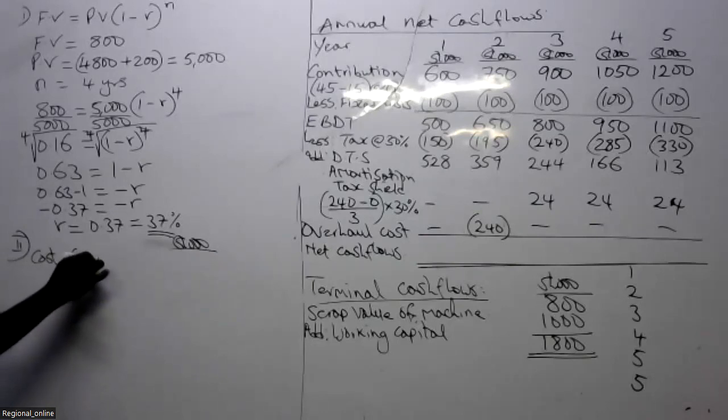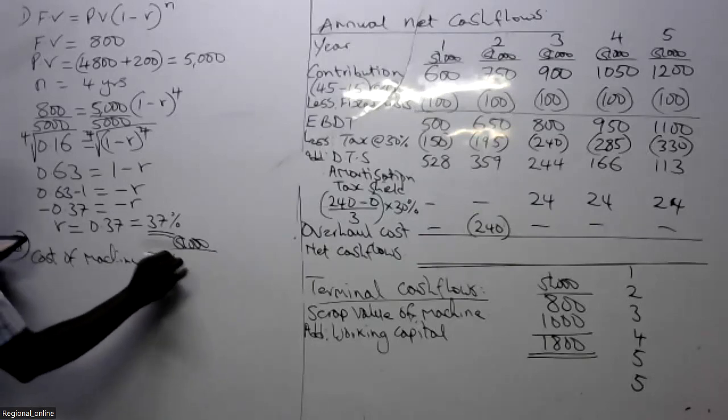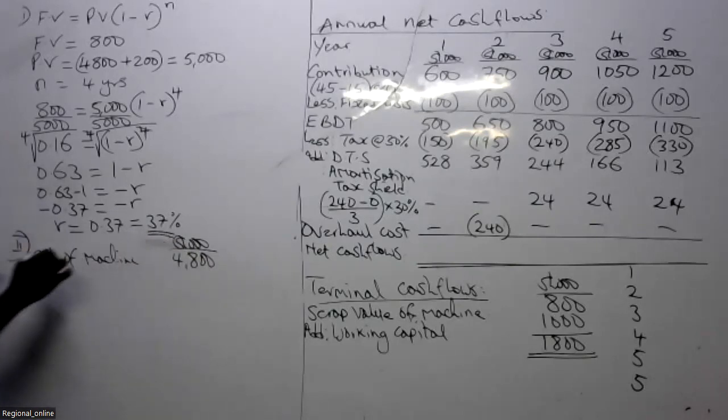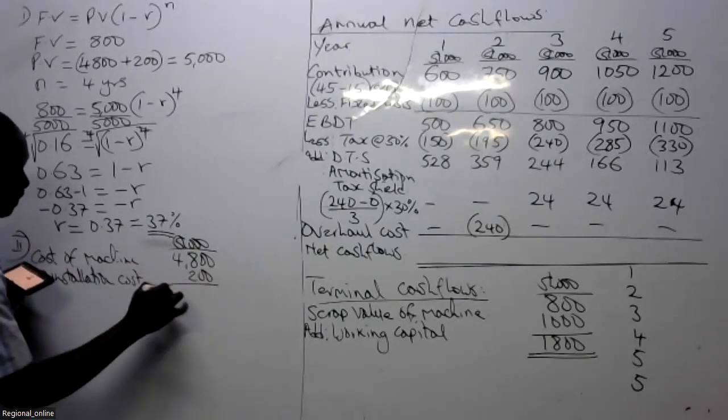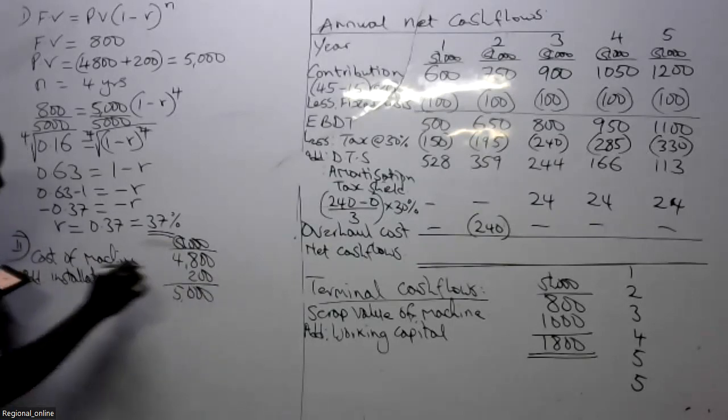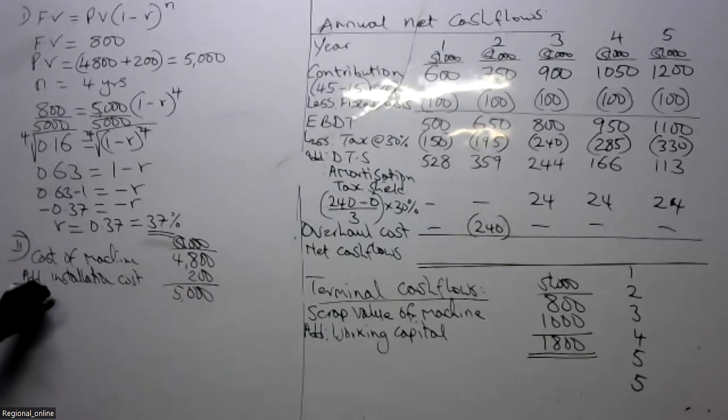So the cost of the machine is 4,800. We add what? We add installation cost of 200, and that gives us the 5,000. So that is the total cost of the machine.